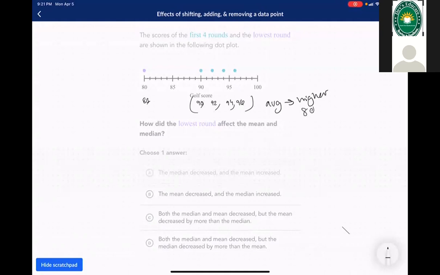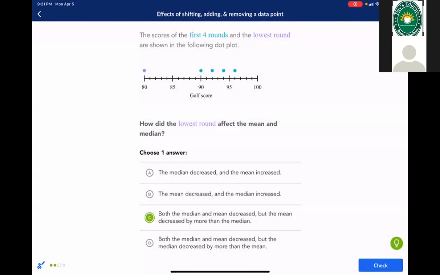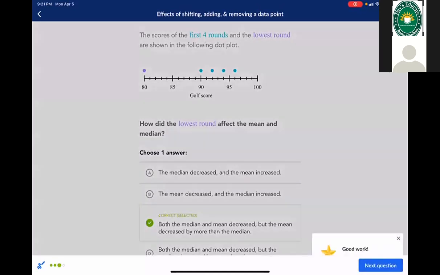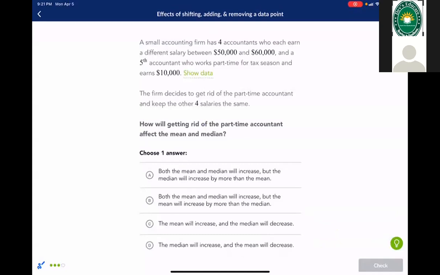But the 80 makes it go down. Then for the median, it's 93. But if you add this, it goes to 92. So the median also goes down. Yay.